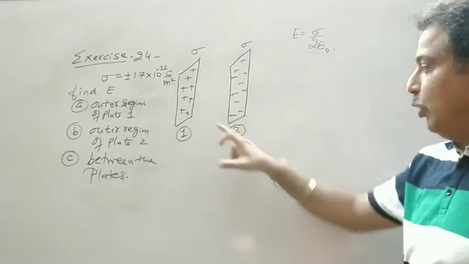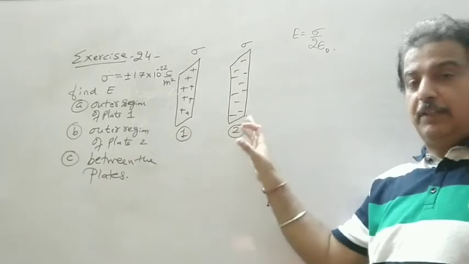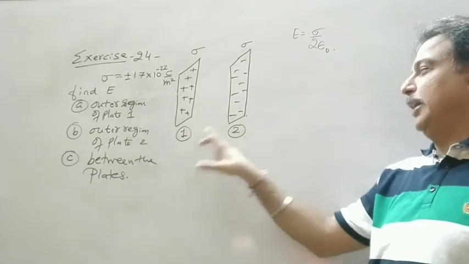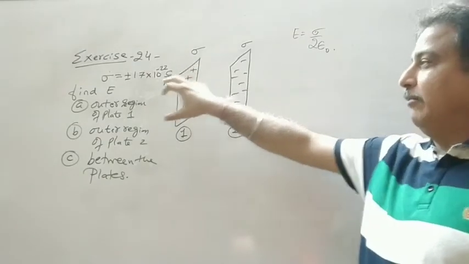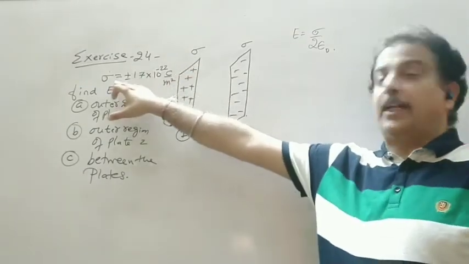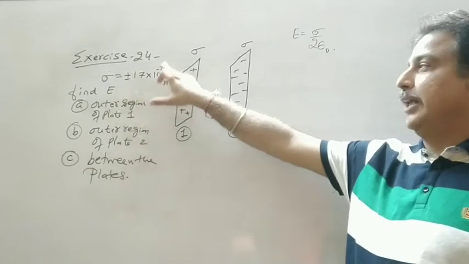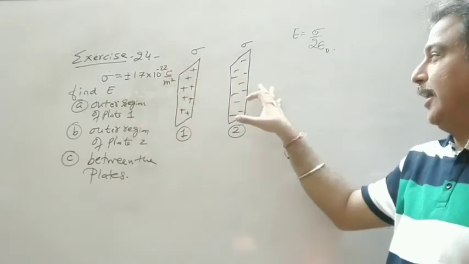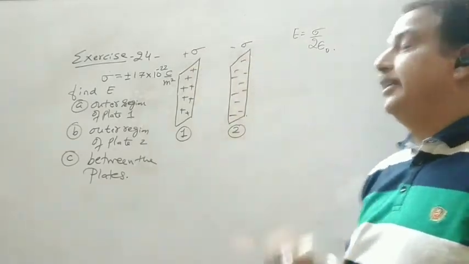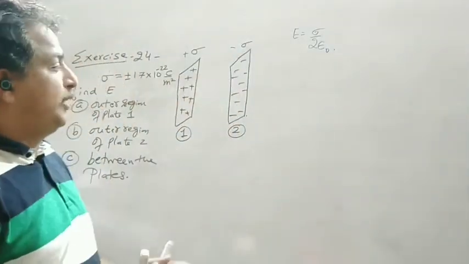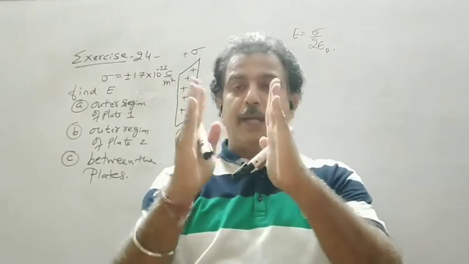Now here you have two plates, plate 1 and plate 2. One is positively charged, with a positive surface charge density 17 into 10 raised to minus 22, and the other is negatively charged. Both the plates are kept parallel to each other.